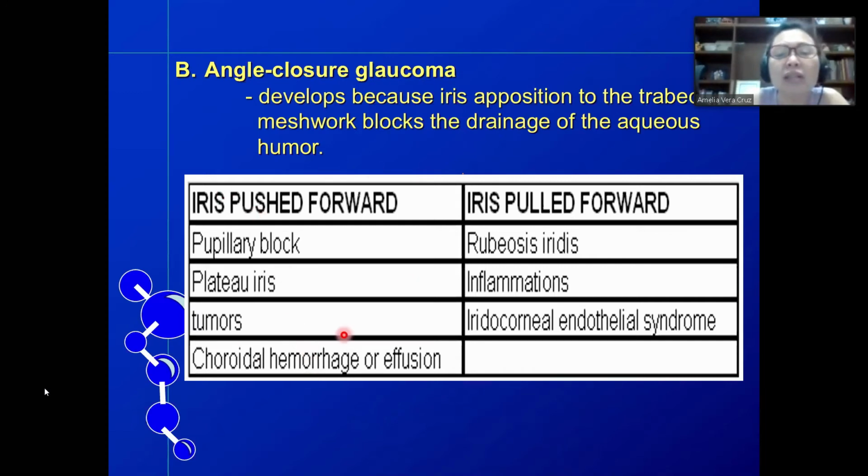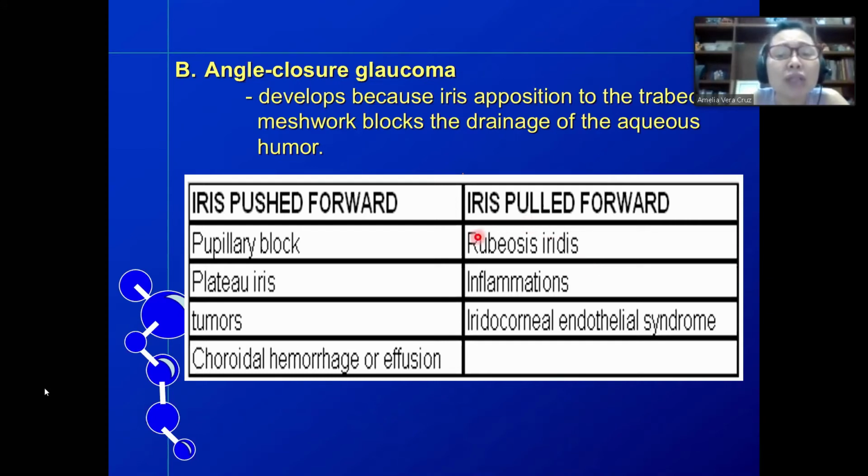Ito lahat. This one naman, the iris will be pulled forward by some mechanism or some elements. Rubeosis iridis. Rubeosis iridis meaning you have abnormal blood vessels in the anterior part of your iris. The anterior part of the iris has no blood vessels.